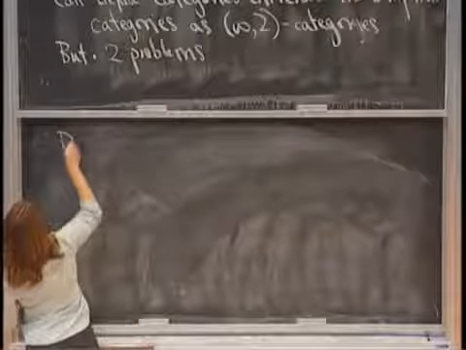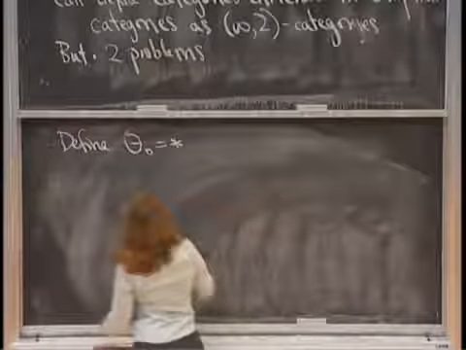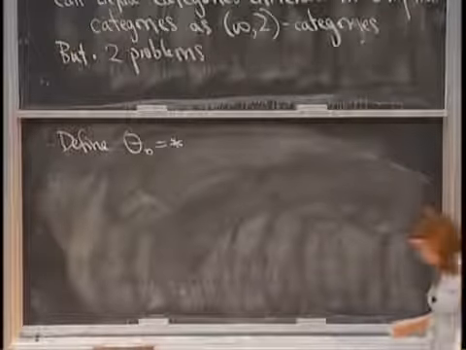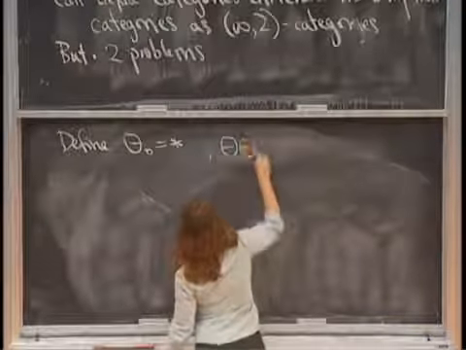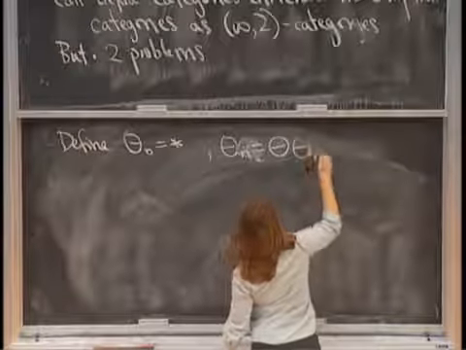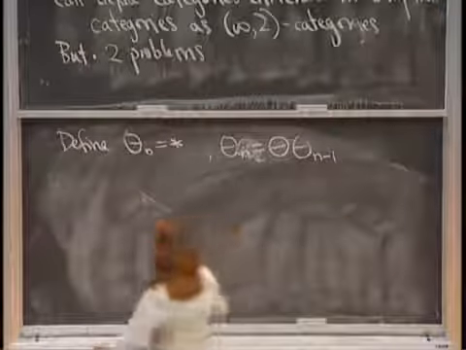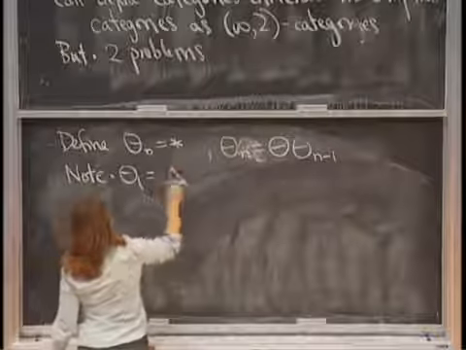We're going to define theta 0 to just be the not very interesting category with one object and an identity morphism. And then we will define theta n to be theta of theta n minus 1. So the first thing to notice is that theta 1 is actually equal to delta.